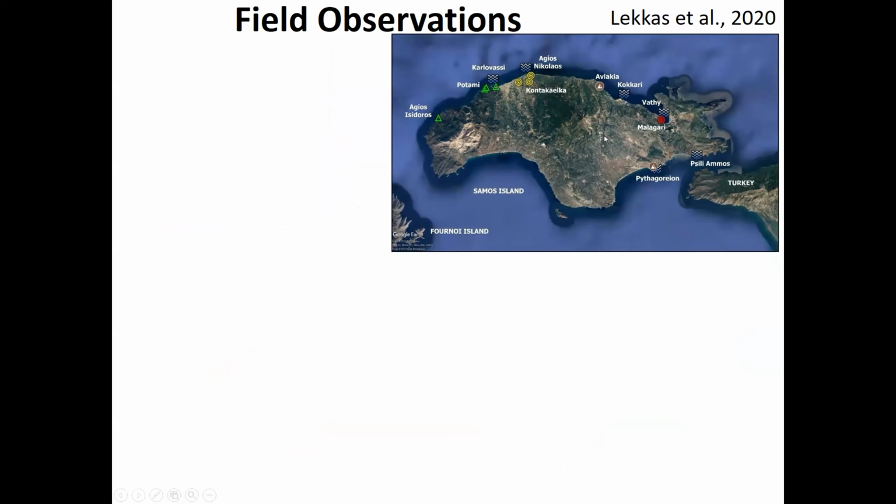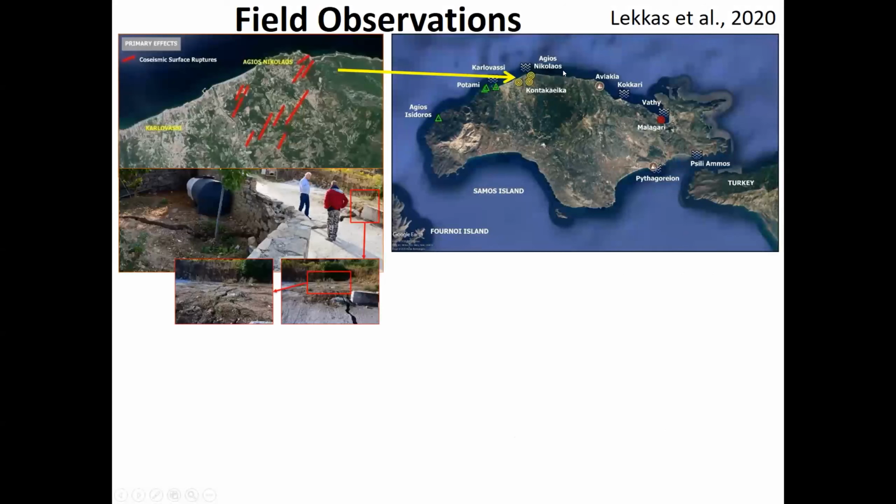On Samos Island, co-seismic surface deformation was identified in the Karlovasi region. You can see northeast-southwest directed rupture-like features, possibly secondary, but very clearly in the system.